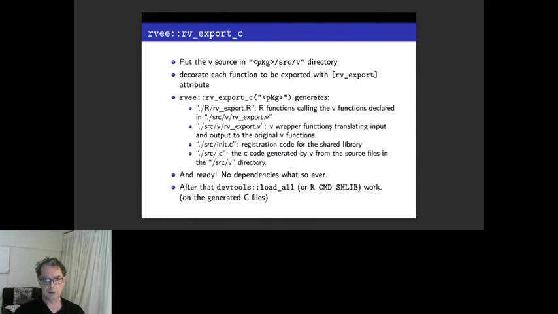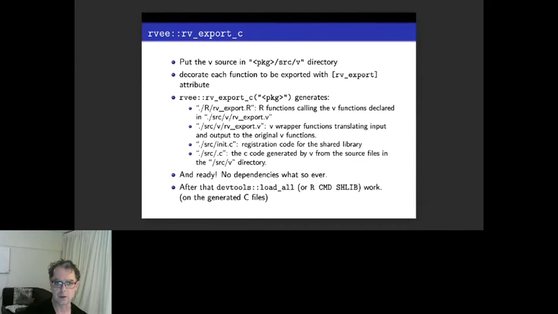So there are two functions right now in RV. One is rv_export_c. What you have to do is put your V source code in your source package directory. You can decorate each function to be exported with a V attribute. So in your V source code, you can place before each function @[rv_export], and then calling the rv_export_c function, it generates all the wrapper functions.